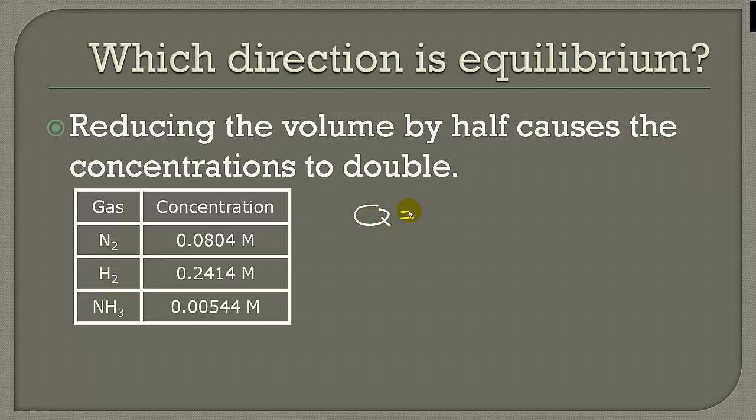Q is equal to, and again, it's products over reactants, so following from the previous slide, 0.00544 squared divided by the concentration of N2, which is 0.0804, times the concentration of H2 cubed, 0.2414 cubed.